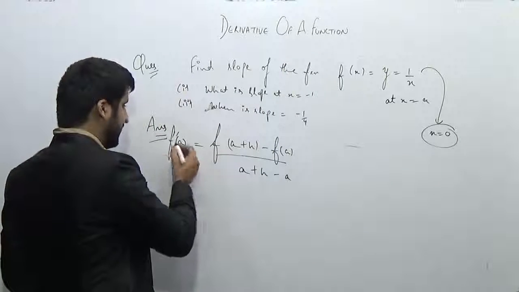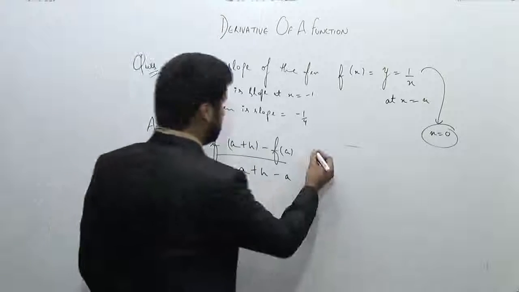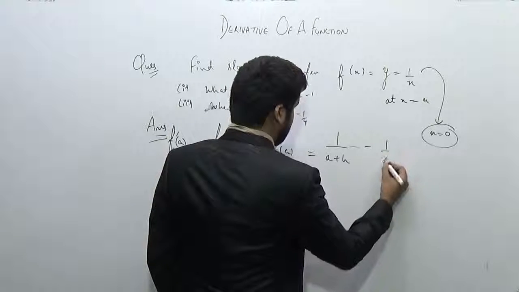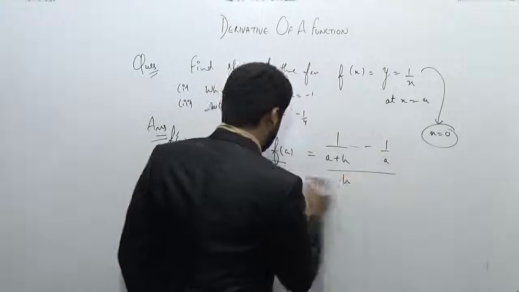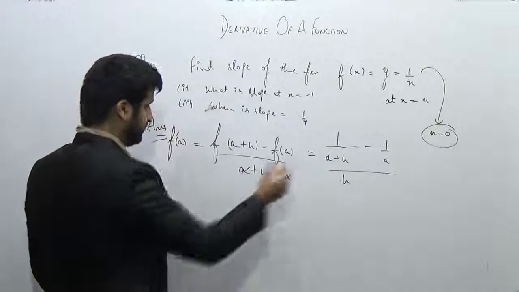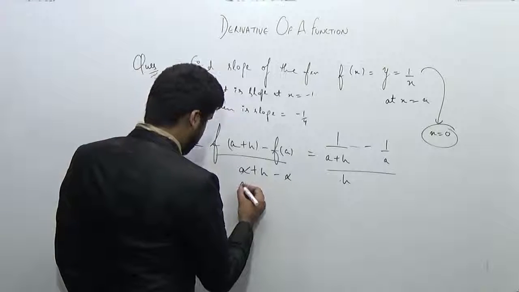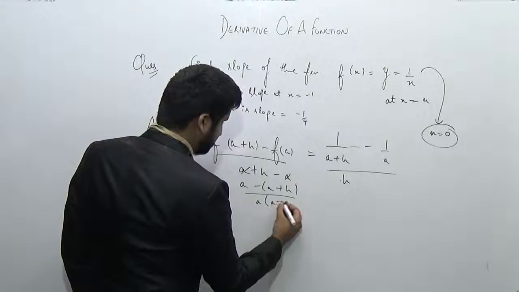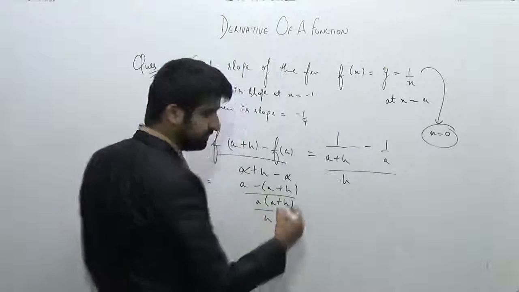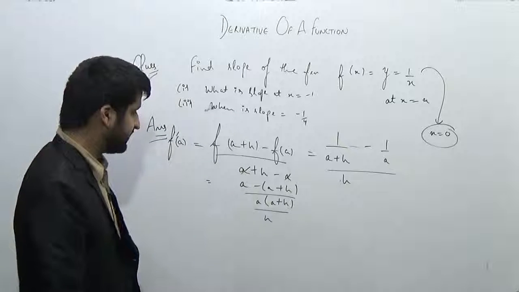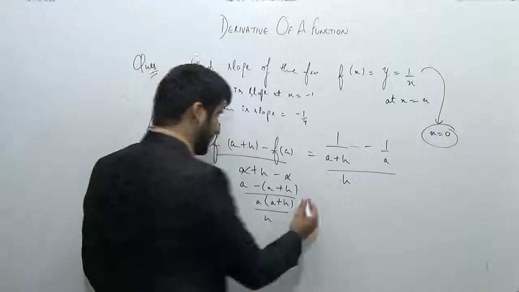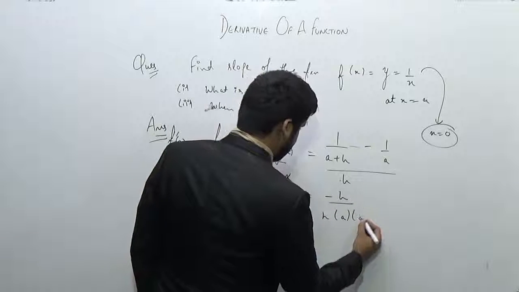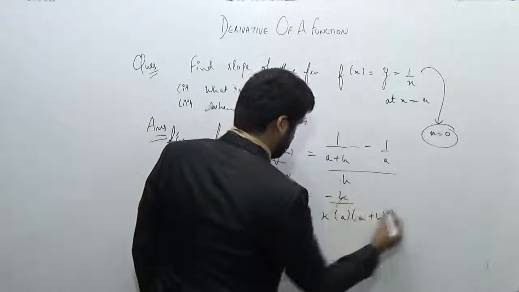So let's see that f dash a can be written something like this. This will be equal to [1 upon (a+h) minus 1 upon a] upon h, right? So this is [a minus (a+h)] upon [a into (a+h)] upon h, right? So this can be written as minus h upon h into a into (a+h).